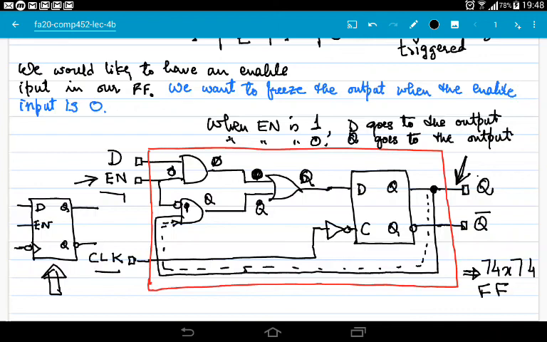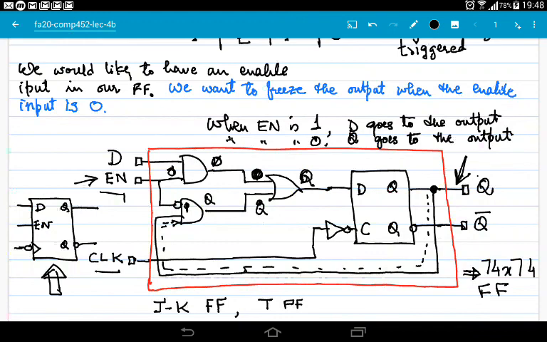Now let me just tell you that there are JK flip-flops, then there is a T flip-flop, and there is an SR flip-flop as well.